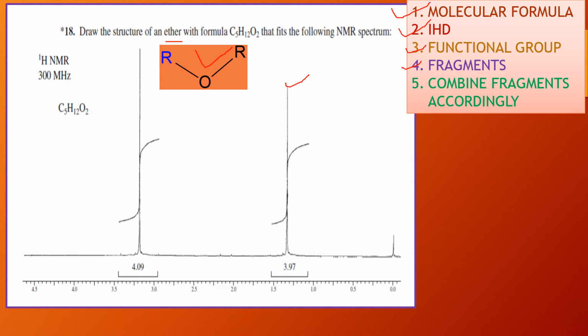So you can see here, this is the proton, right? How many protons? The integral is 3.97, which means that around 4 protons are here. These 4 protons are similar in nature, and they are splitting into a singlet, right?